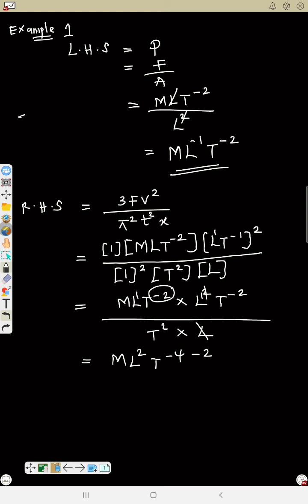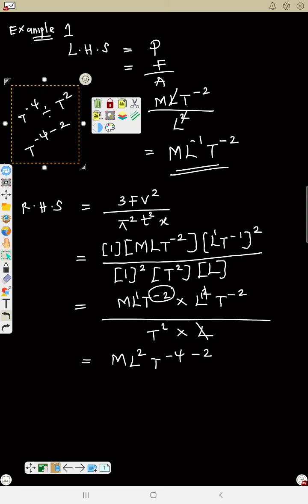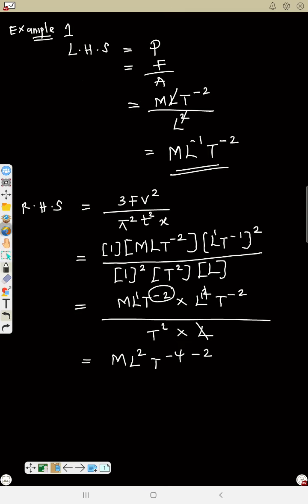Because of the law of indices, T raised to power minus 4 divided by T raised to power 2, the law states that when you divide, you subtract the power. So that will be T raised to power minus 6 together. So that means the dimension is M L square T raised to power minus 6.